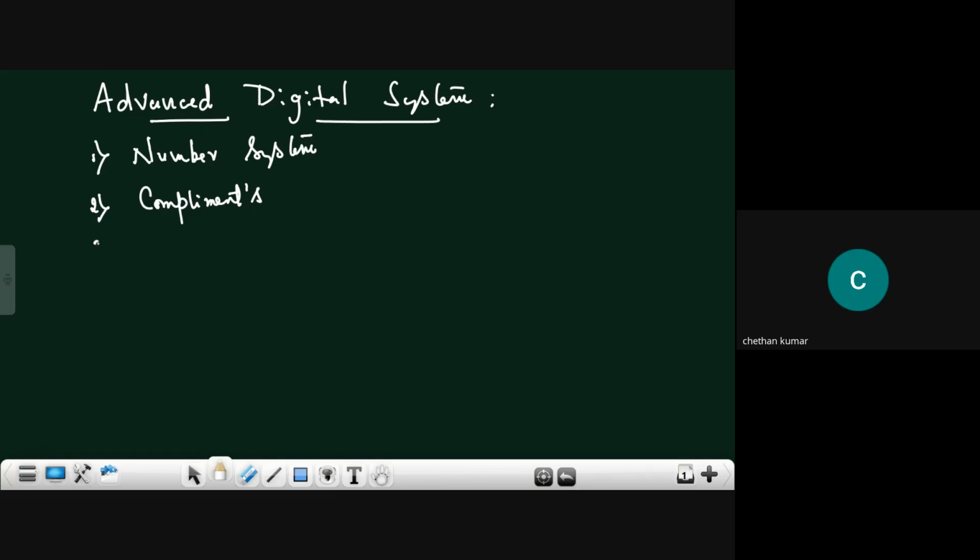After that, we'll talk about Boolean algebra. You may have heard about many algebras, like linear algebra. In school days, you discussed basic algebra, correct? And here, to design any digital system, you should have an idea about Boolean algebra: how to represent Boolean equations, and how we can develop digital circuits using Boolean algebra.